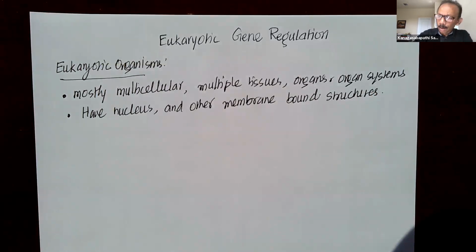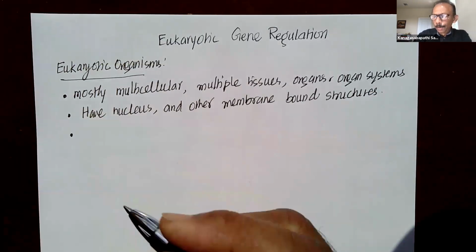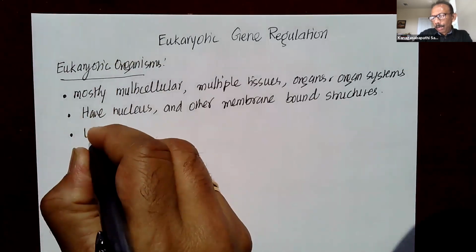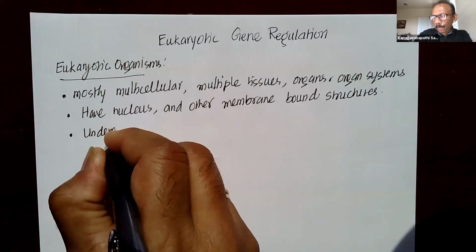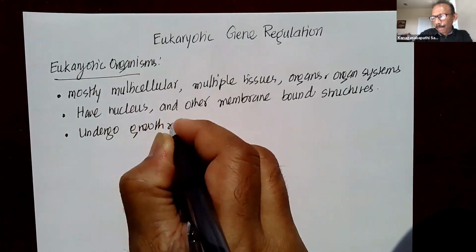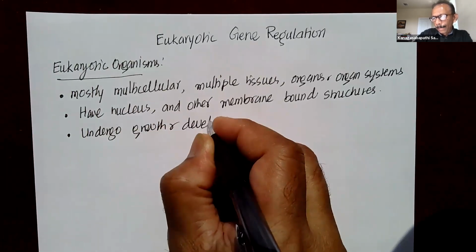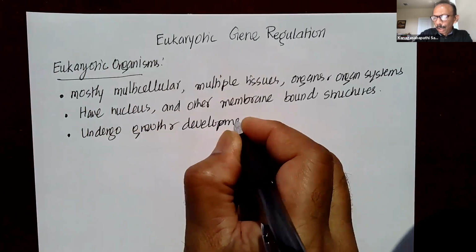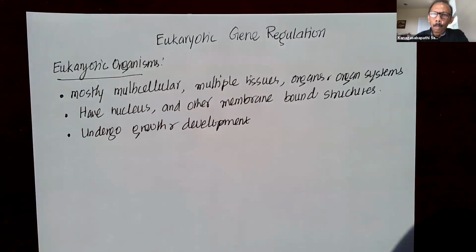So you need to figure out how to deal with the gene expression. They also undergo growth and development. So they have to regulate the genes as the organism grows at different stages of life.